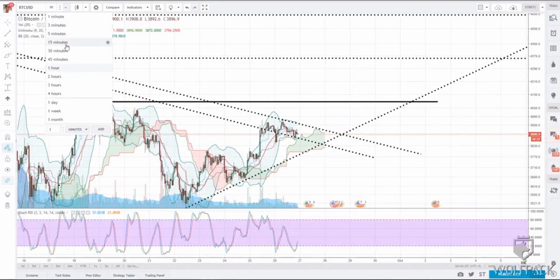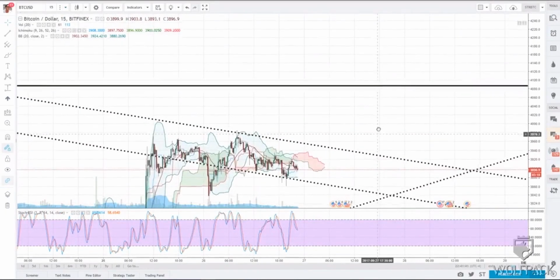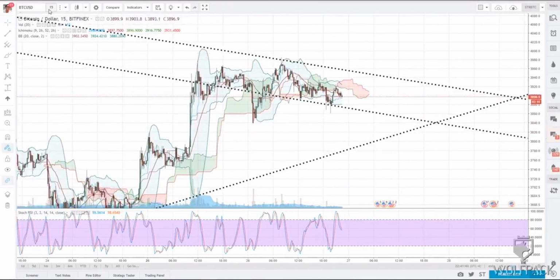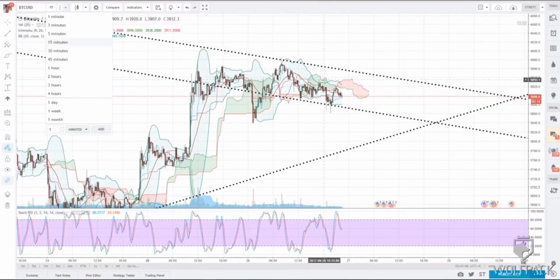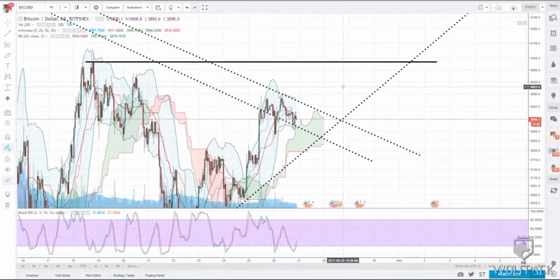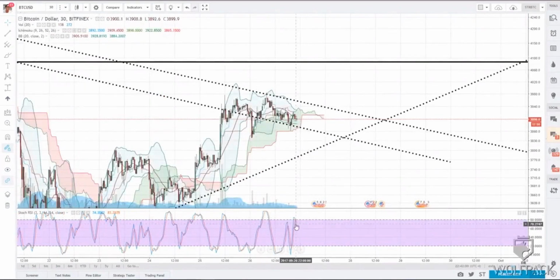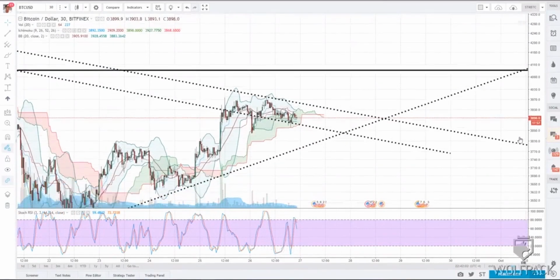But you can still zoom into the other things like the 15-minute to get a grasp of what the 1 hour is doing. So say the market right here, you go to the 1 hour chart and you see the RSI is curving upwards, right? So it looks like it's going up, but you don't really know for sure if it's going to go up. So that's why you zoom in a little bit and look at the RSI on the 30 minutes, curving down.